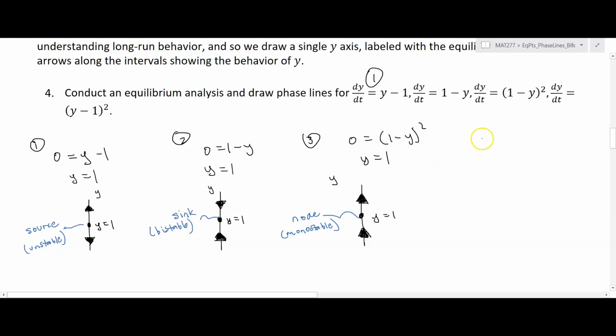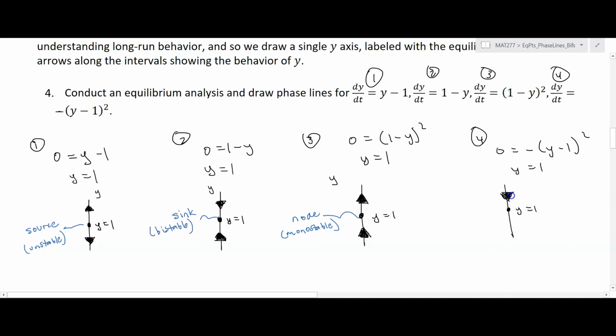And finally here for the last problem, for dy/dt equals negative y minus 1 squared. Sorry, I wanted to put negative y minus 1 squared here. That same equilibrium point is the one that we'll get, except that now you can verify that the slopes surrounding y equals 1 will both be negative.